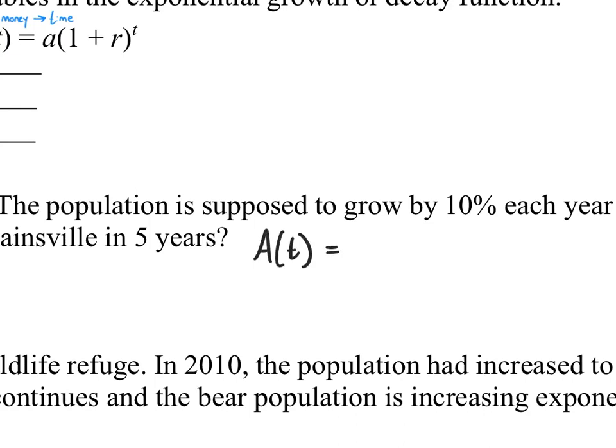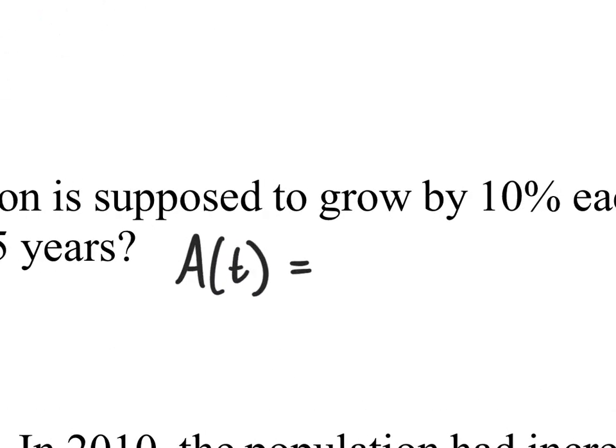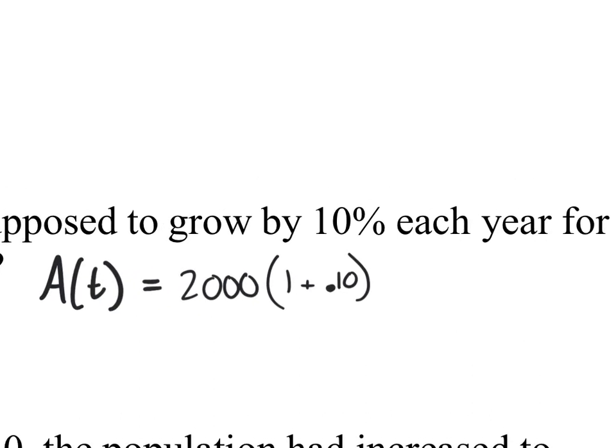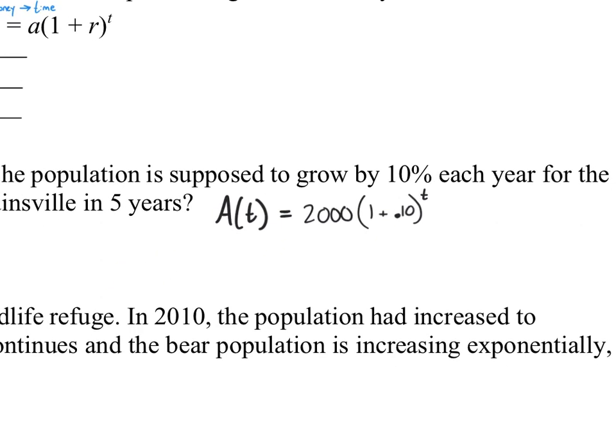This equation in general would look like the initial amount of people they have, times 1 plus the rate as a decimal, to the amount of time. In this particular case, they wanted to know the population after 5 years.